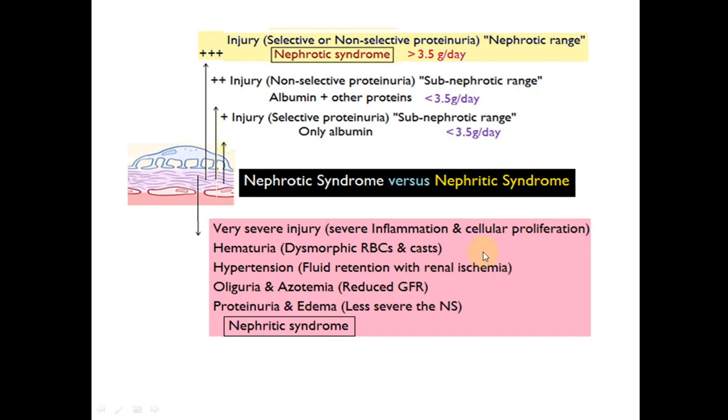Now, we will study nephrotic syndrome in a separate lecture, but here I simply want to say that in nephrotic syndrome there is proteinuria, and it is caused by the increased permeability of the filtration barrier.